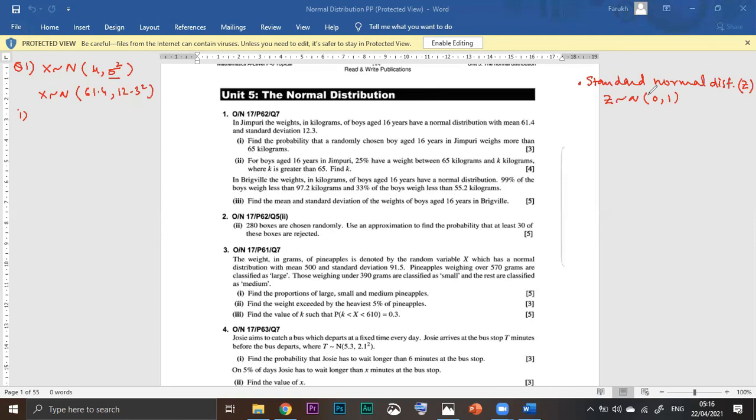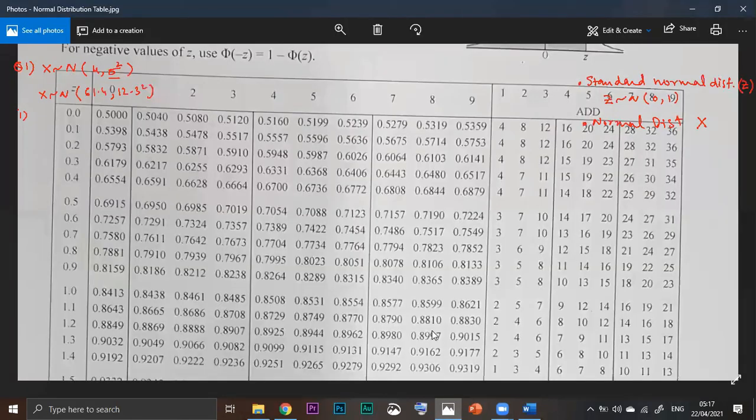Now, other normal distribution. If the mean and standard deviation are not 0 and 1, then the distribution is denoted by X. Now all the probabilities related with the standard normal distribution have already been calculated and written in a table.